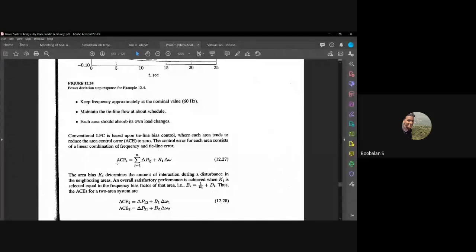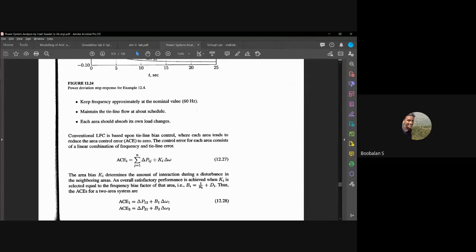Just note it down: area control error of area i is equal to summation over j from 1 to n of delta Pij plus Ki delta omega, where ACE denotes the area control error for area number i, i denotes my area, and n denotes the number of areas. Delta P is my change in power, which is the power flow from area 1 to 2, and delta omega is the change in frequency in per unit.